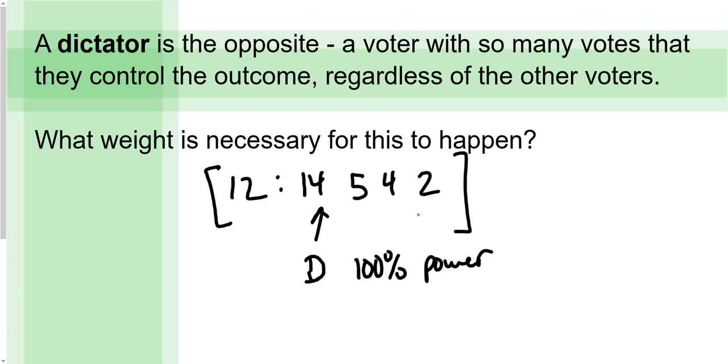Okay. Now, that being said, there are situations, notice what we said here about these numbers. These guys here, these 5, 4, and 2, even though this guy has a ton of votes, if he votes no, there might be a way, if these guys had enough votes, they could override him.